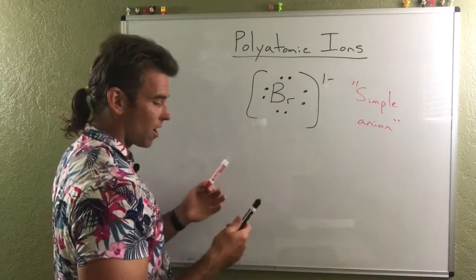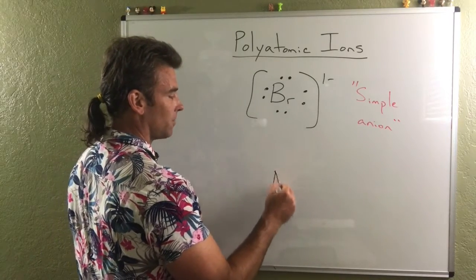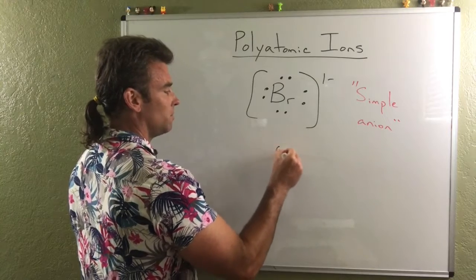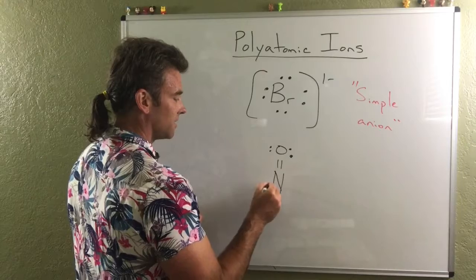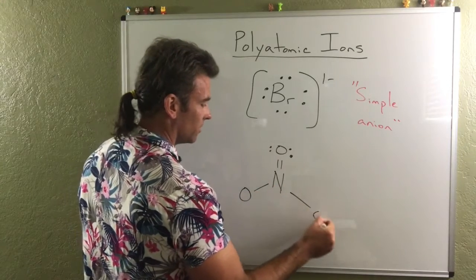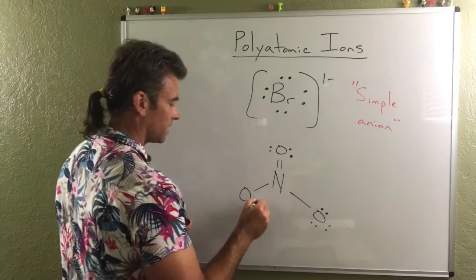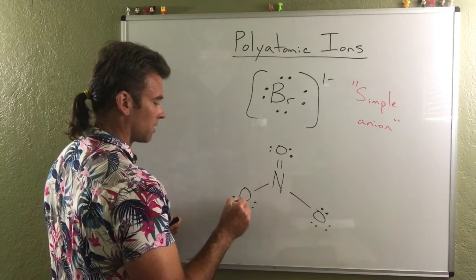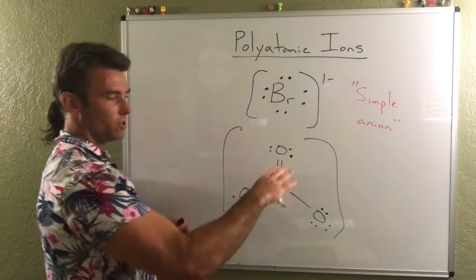I'll just kind of draw one that is a polyatomic ion with a 1 minus charge. And don't worry too much about these lines that I'm drawing just yet. This is the Lewis structure of this thing. So notice I've got huge jackets.